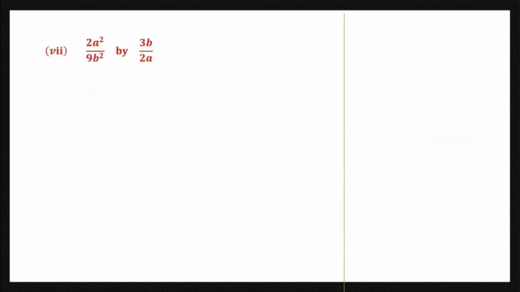Next question, question 7. So here we have 2a square by 9b square. We already have a fraction form there, 2a square by 9b square, and divided by, so we'll put the division sign, divided by 3b by 2a. Okay, so we'll convert this to a fraction division. That means the first fraction remains as it is, 2a to the power of 2 by 9b to the power of 2.